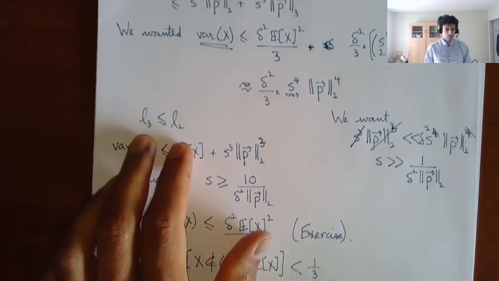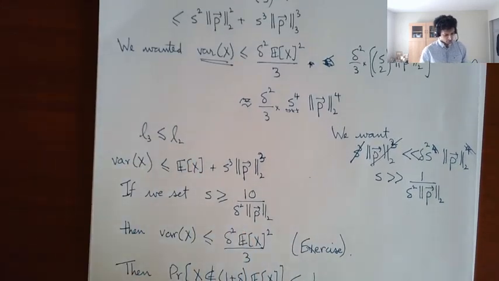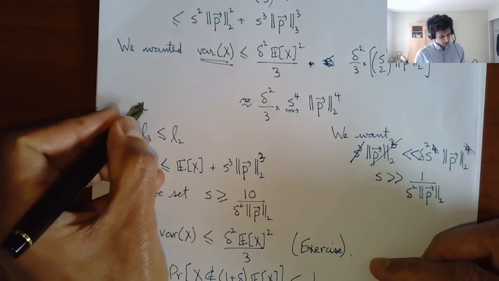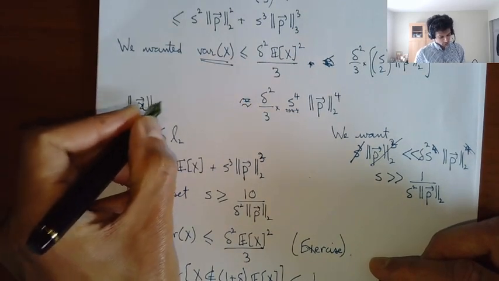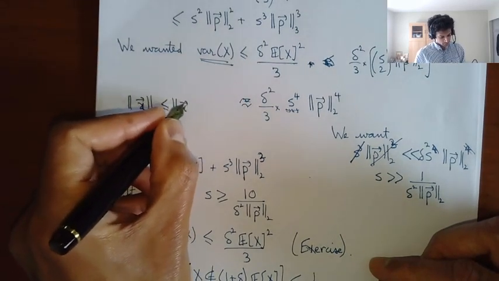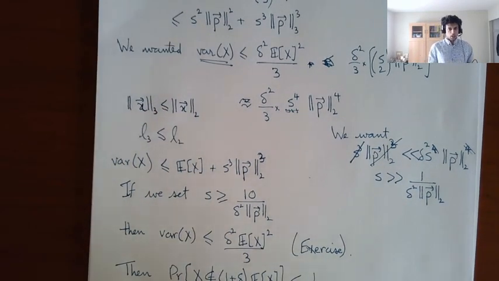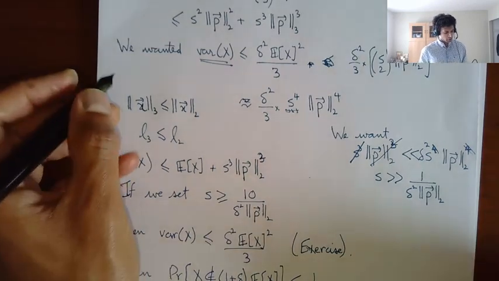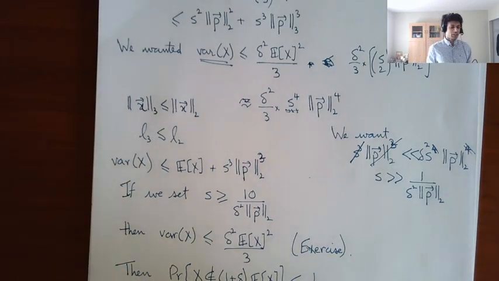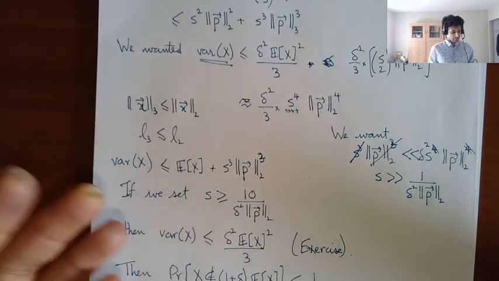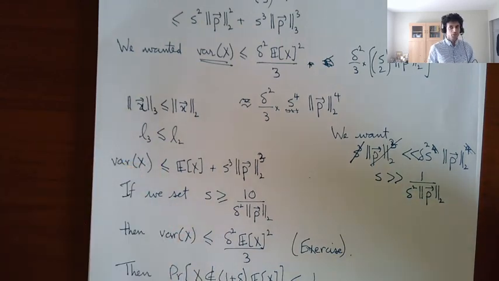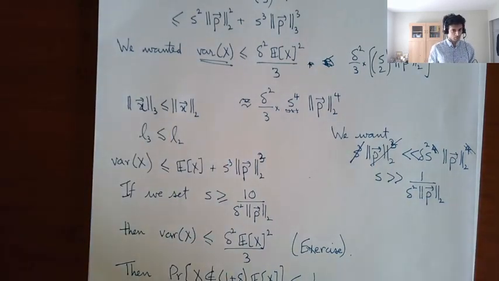Oh, this is a standard norm inequality. So for any vector, you get that the 3 norm is less than the 2 norm. You mean how do you prove this? You can prove it using convexity arguments. You can directly work out the math.